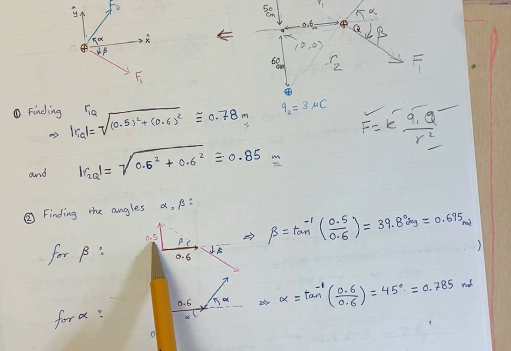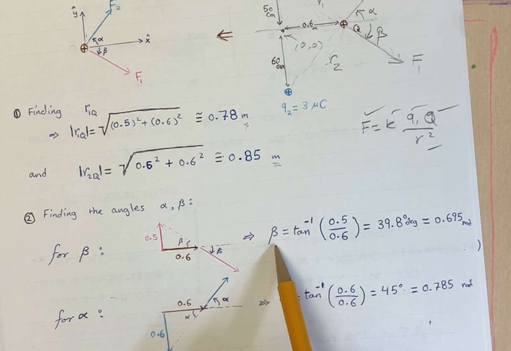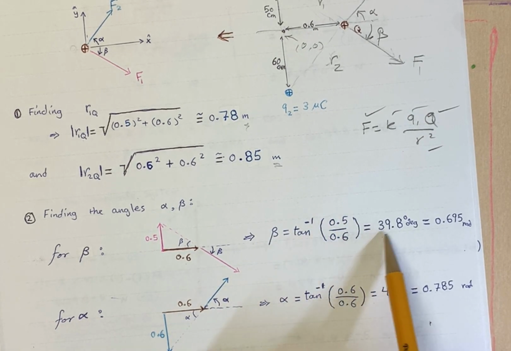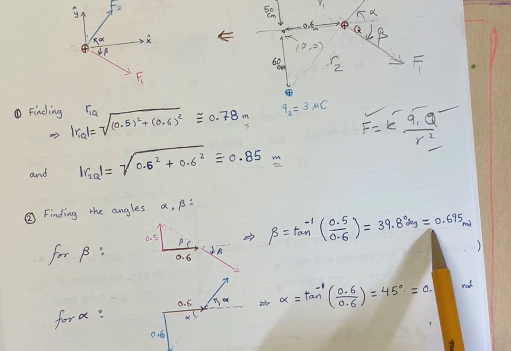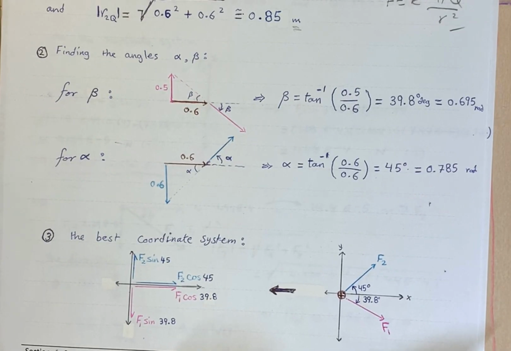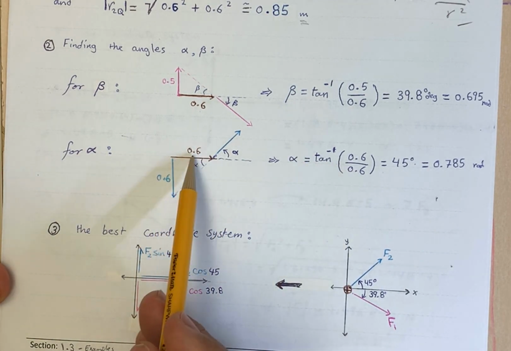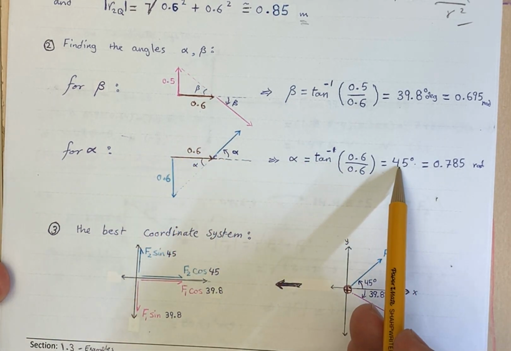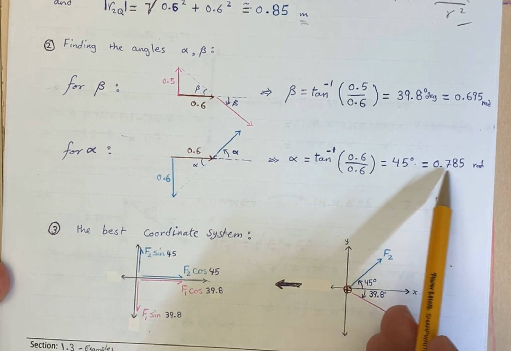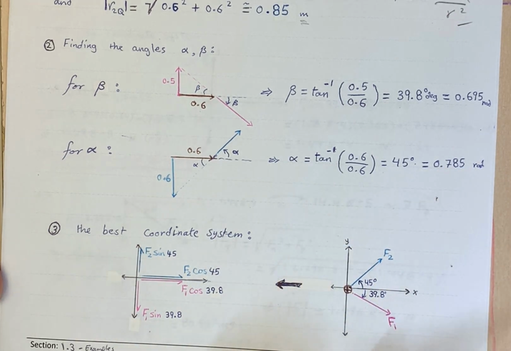Tan beta is 50 over 60, or 0.83, and beta is the tan inverse of this ratio, which is 39.8 degrees, which is 0.69 radian. The same way we can find alpha, which is the tan inverse of 60 over 60, which is 45 degrees or 0.785 radians. Okay, now I have found the directions. That's good.